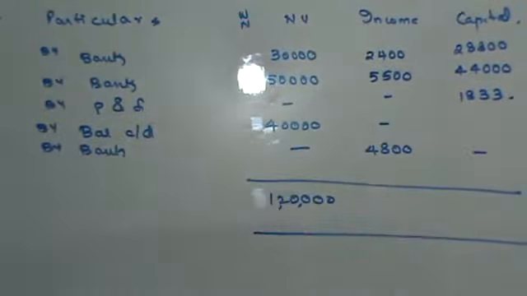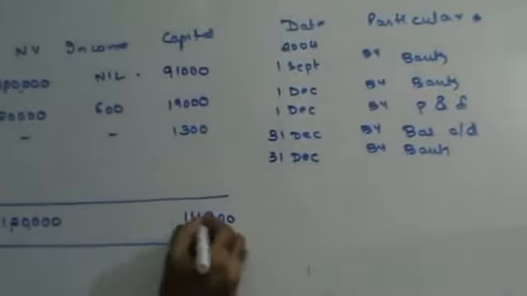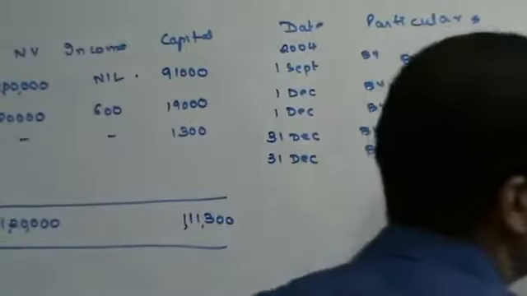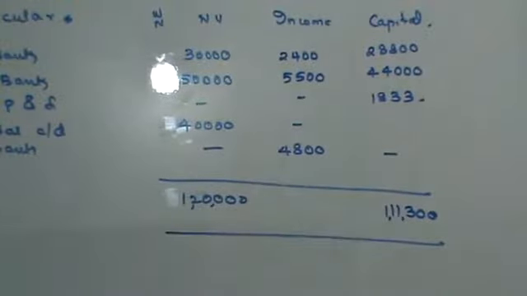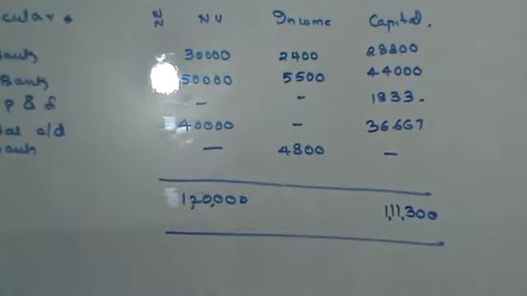Okay. Let's tally the capital account. This is 1,11,300. This is 1,11,300. Someone please subtract that. The difference I presume is 36,667. Someone check this.